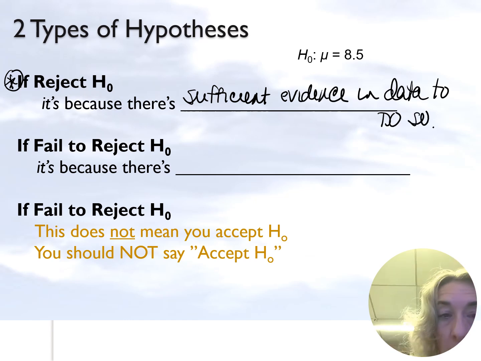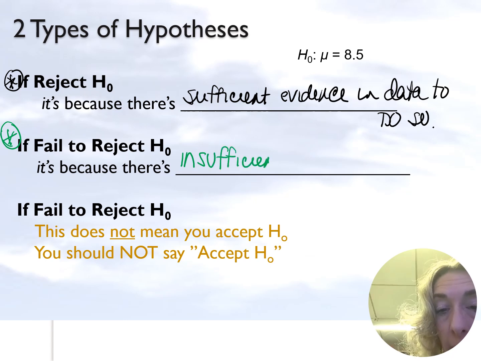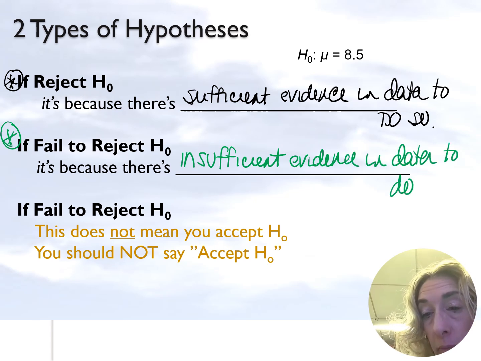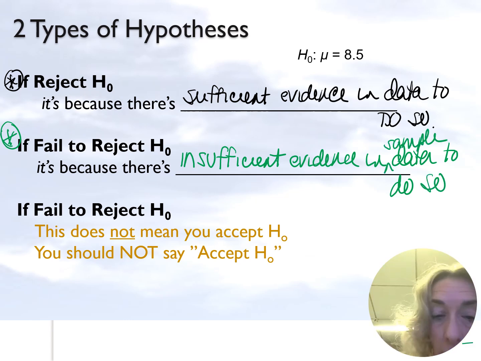If you fail to reject the null hypothesis, it's because there's insufficient evidence in the data to do so. And of course, that's the sample data, the data that we have access to.